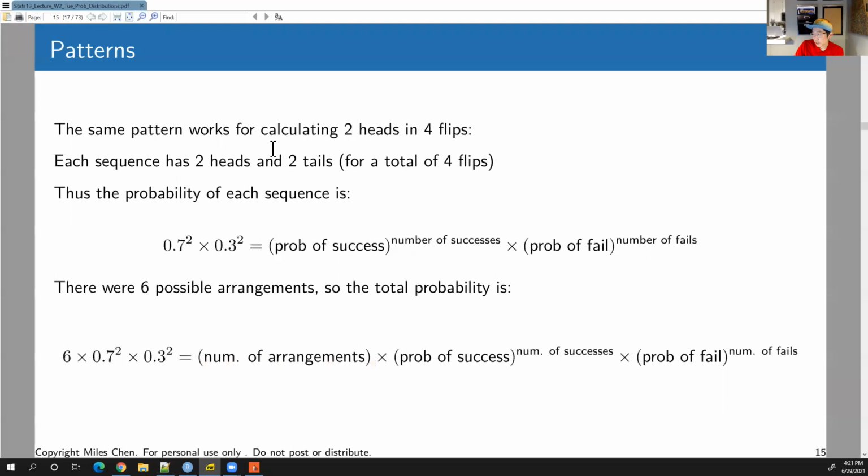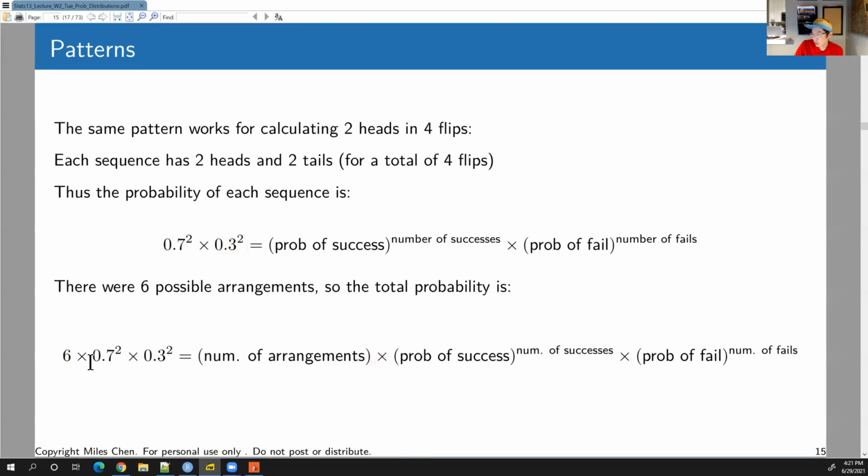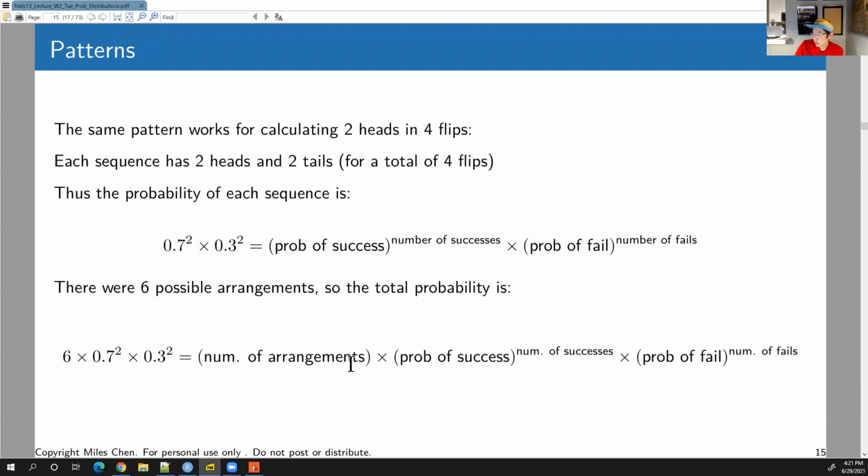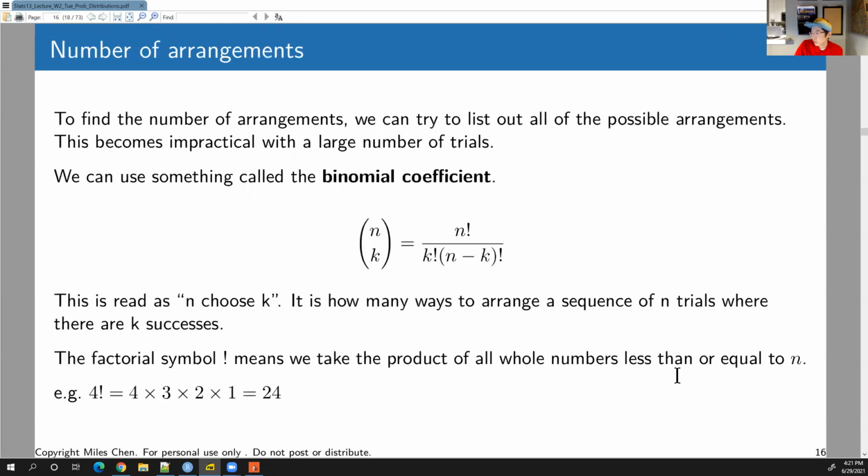Looking at the same thing for the other one, we have 0.7 squared times 0.3 squared, and we had 6 possible arrangements. So the total probability follows the same pattern: number of arrangements times the probability of a success raised to the number of successes times the probability of a failure raised to the number of failures. And what is this number of arrangements?